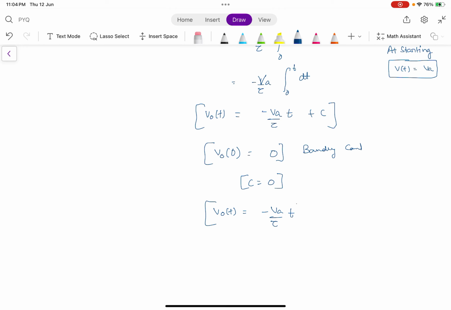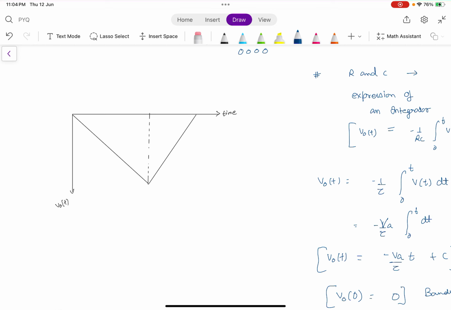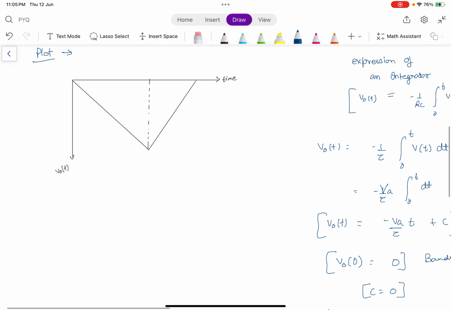So this is your first equation which represents like y equals mx. So your slope is minus Va over tau. I will now draw the plot, you will get a clearer picture by using the plot.